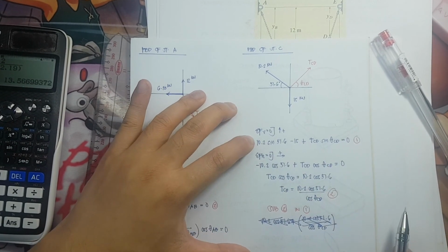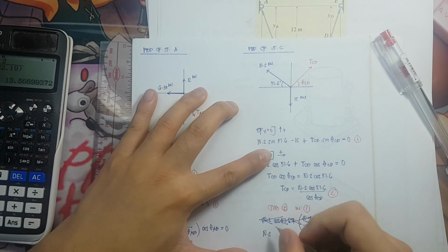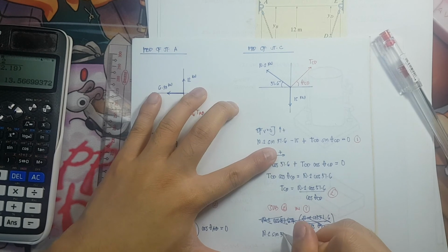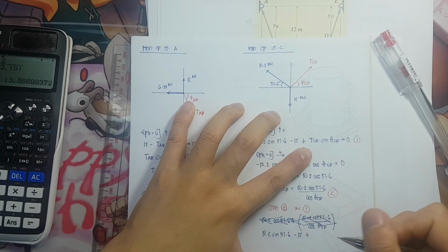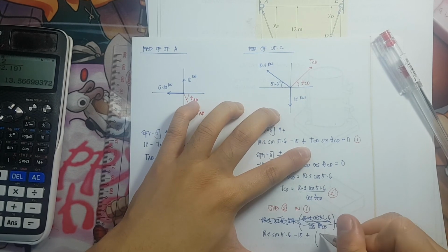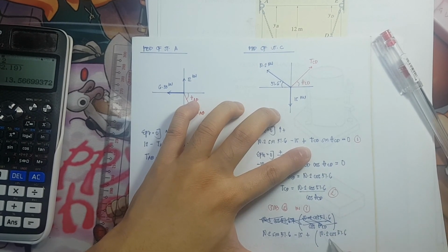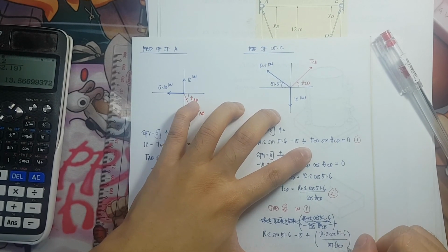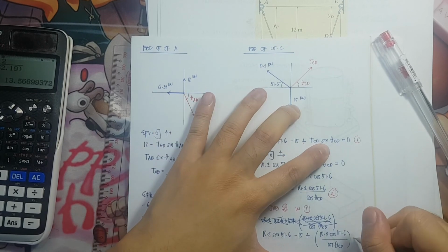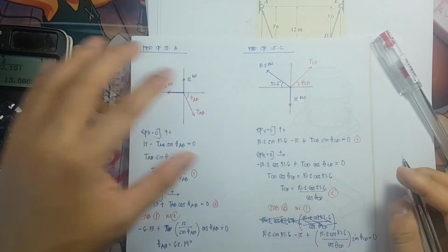This is our first equation. So we have here 10.2 sine 51.6 minus 15 plus, what is TCD? 10.2 cosine 51.6 over cosine theta CD, times sine theta CD is equivalent to 0.